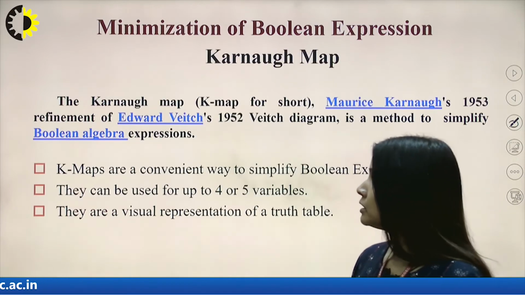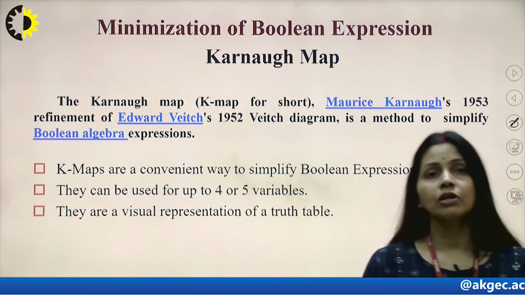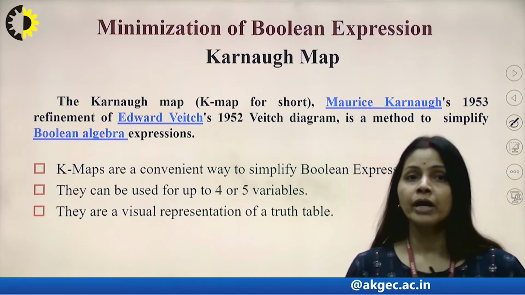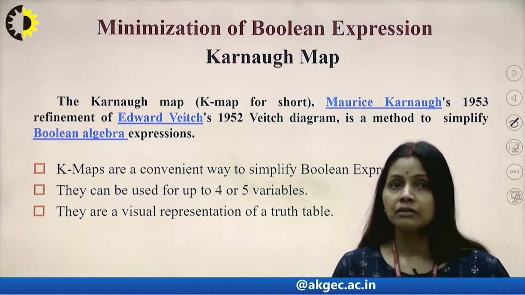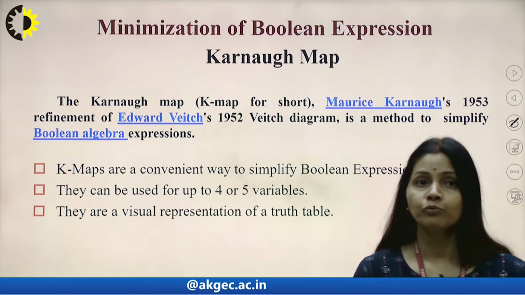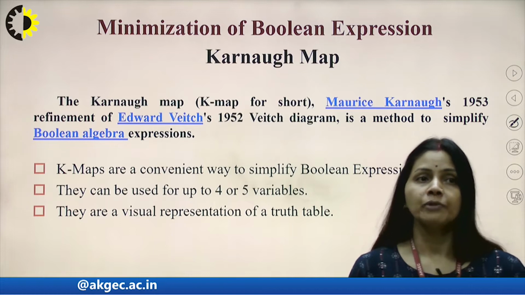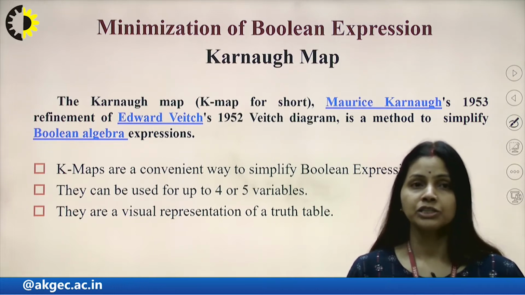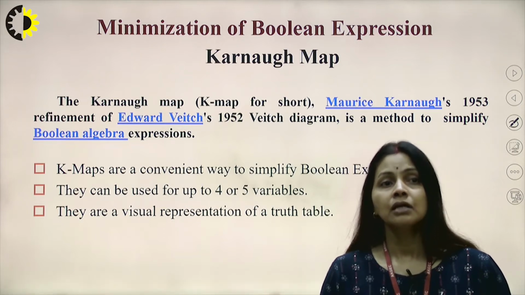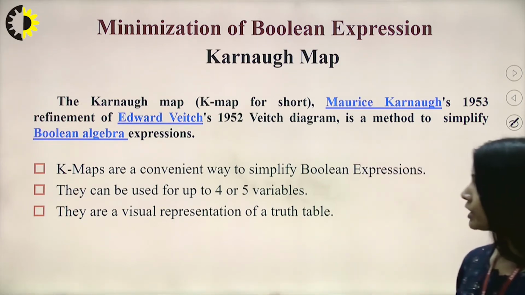Now coming to the K-map, since in this video lecture we are focused on the Karnaugh map: the Karnaugh map is the refinement of Edward Veitch's 1952 Veitch diagram, which is also used to simplify Boolean algebra expressions. K-maps are a convenient way to simplify the Boolean expression.